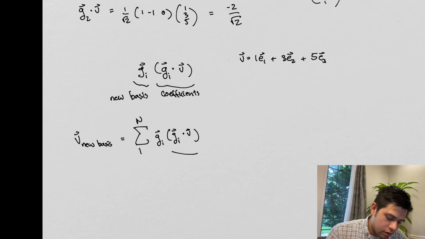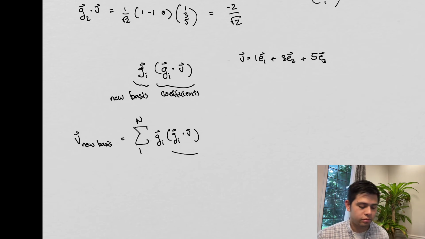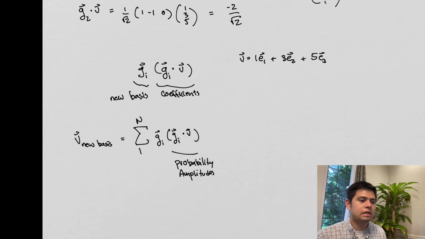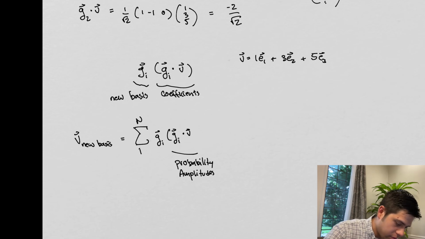These things are coefficients, mathematically speaking. Physically speaking, in physics, these are probability amplitudes to be in some state in a Hilbert space that describes some sort of state. I'll be a little bit more complete here, in the old basis.